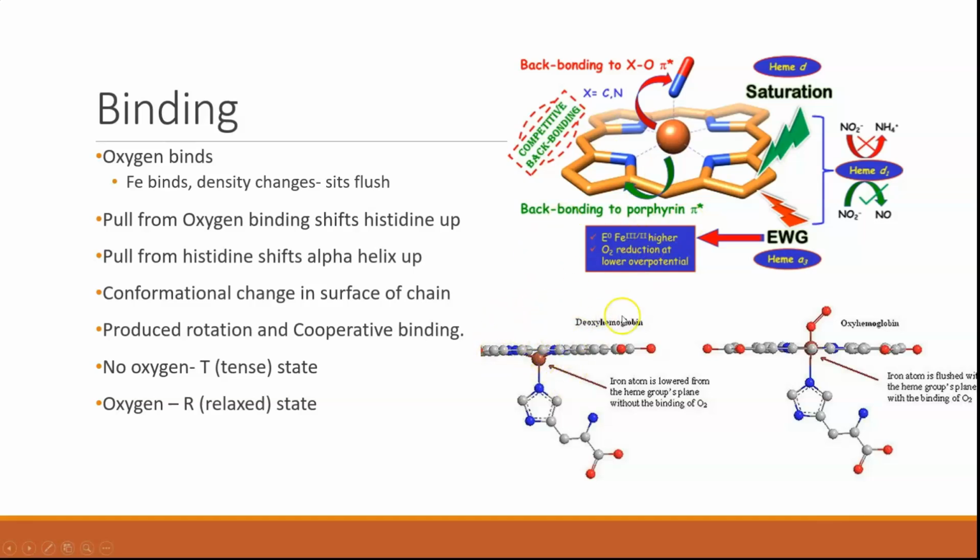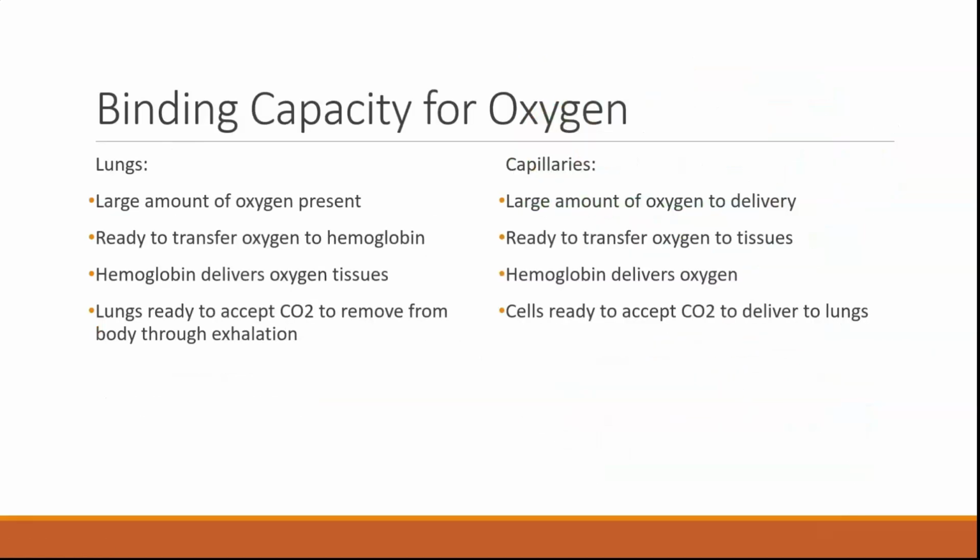And so when oxygen is not bound to hemoglobin, it's known to be in its tense state, whereas when it is bound, that's its R state, or relaxed state. And it's known to have cooperative binding with oxygen due to those conformational changes influencing other heme groups to bind oxygen.